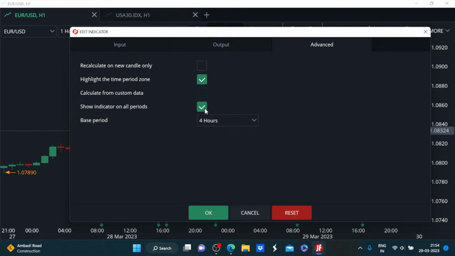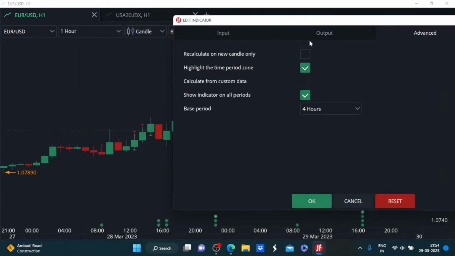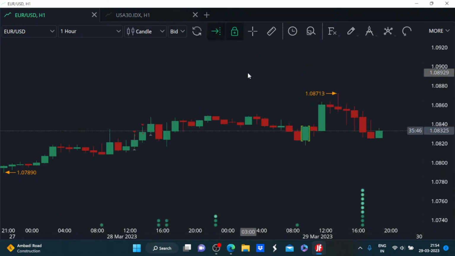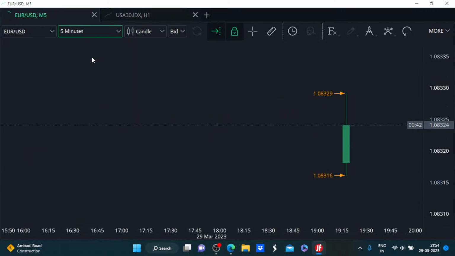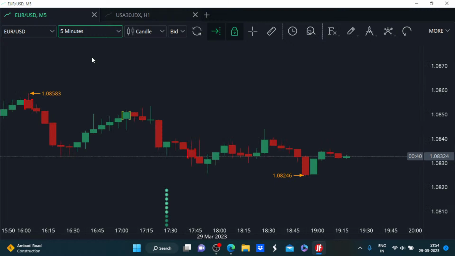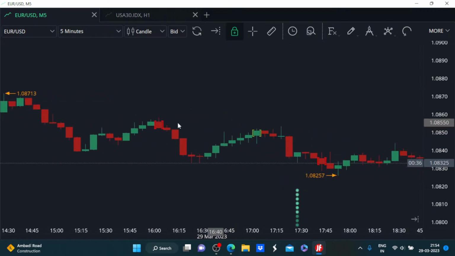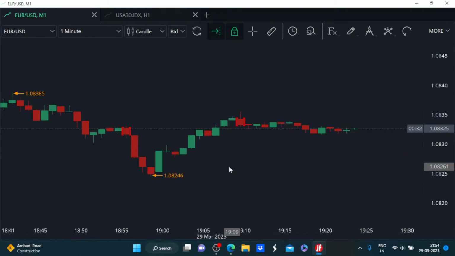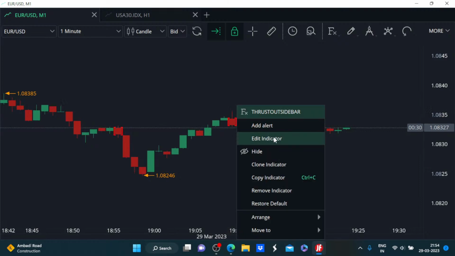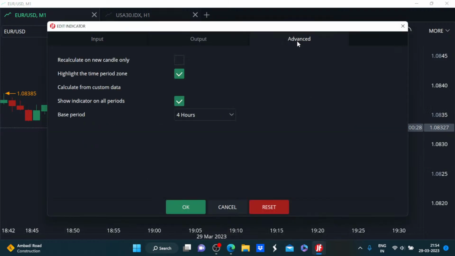Show indicator on all the periods. So whenever you change the candle period and you want this formation to be available on all the time frames of different candle periods, you can have that, or else you can even restrict it to be recognized on the chart on particular time frames. If you wish to do that, all you have to do is go to this editing panel and edit it accordingly.